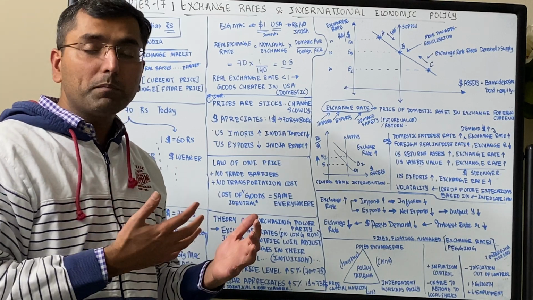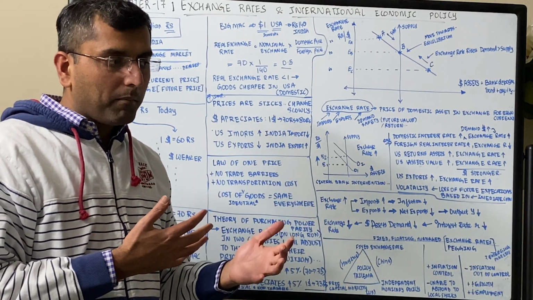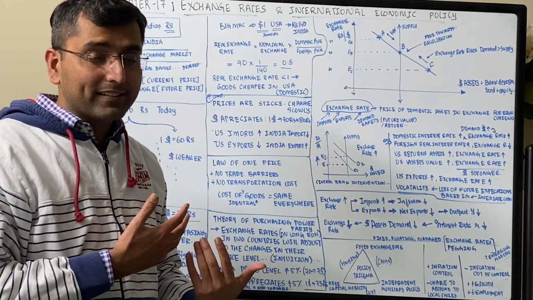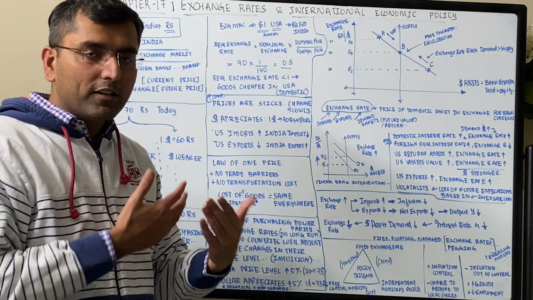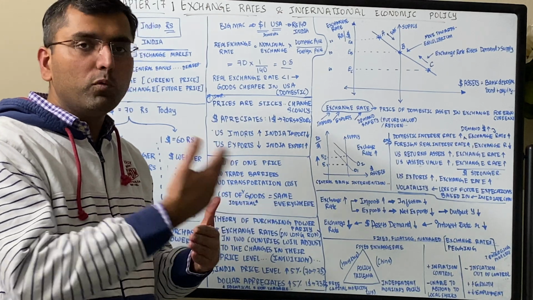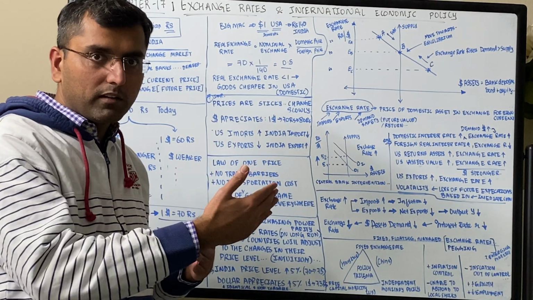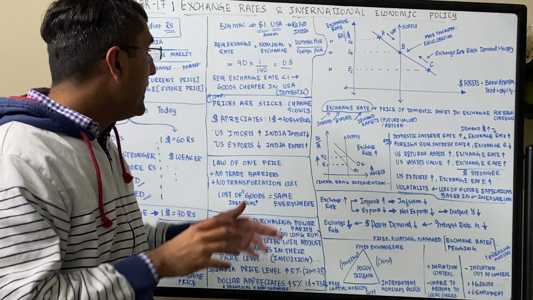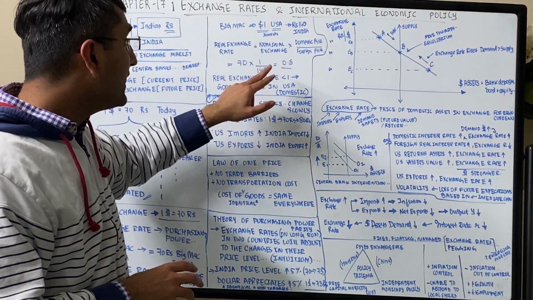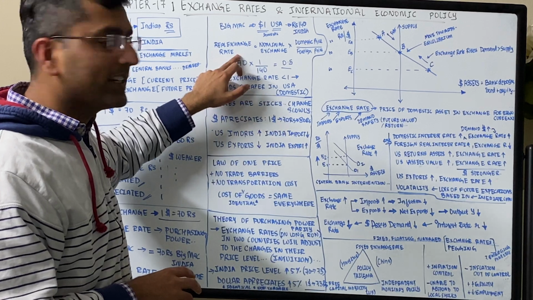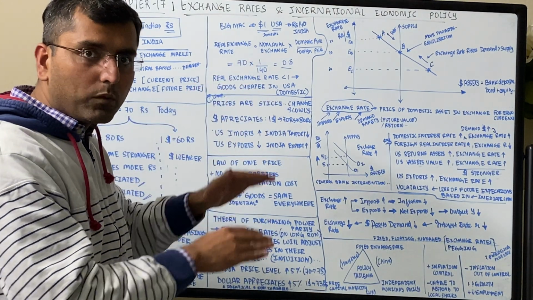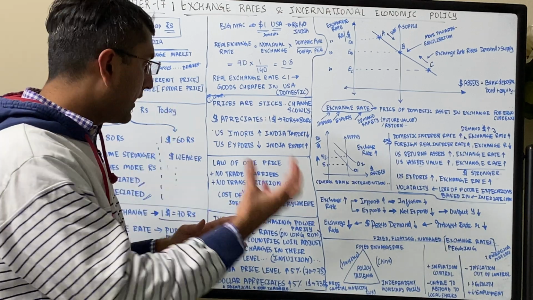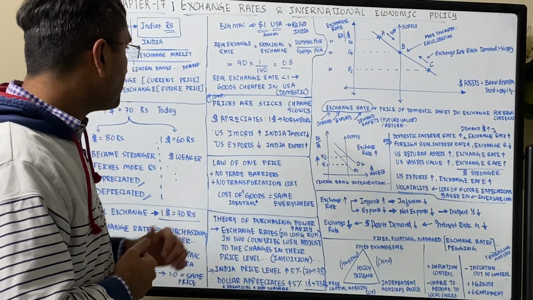Like it might be cheaper to get a haircut in India, but you can't have the same barber cut the hair for people in the United States. It just doesn't cross the border. So there are these things that are not movable. They're not transferable. Those non-transferable goods and services make this equation a little complicated. So real exchange rate typically doesn't stay at 1. It changes up and down based on the other factors that I talked about.